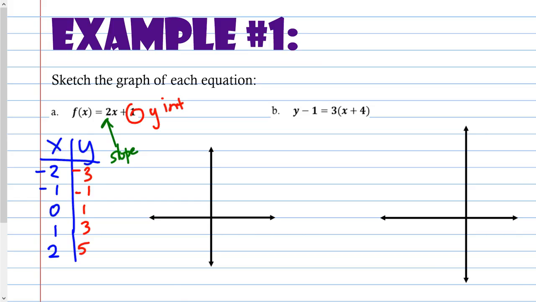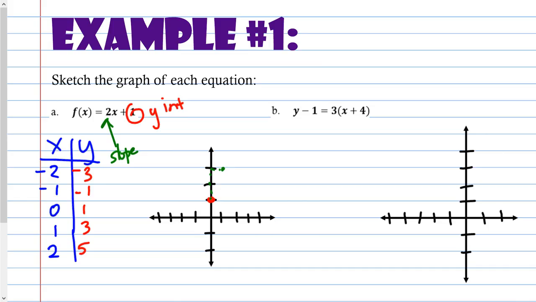I'm going to go ahead and draw some tick marks on here. Please don't judge my lines, they're not very straight. So the y-intercept is 1. And then my slope is 2, which basically means I'm going up 2 spaces over 1 space. So about right here.